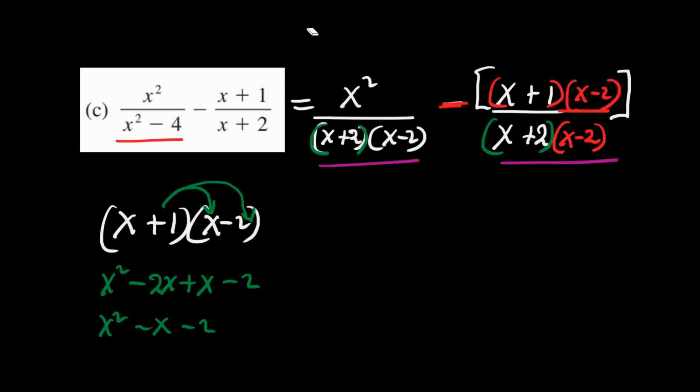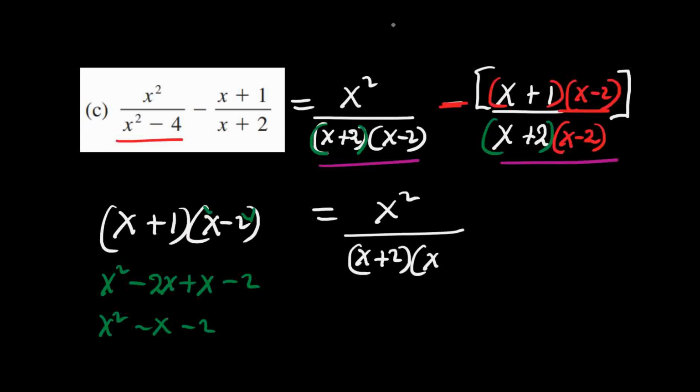So now we have expanded the numerator, and automatically the question will become x squared over x plus 2, x minus 2, minus x squared minus x minus 2.